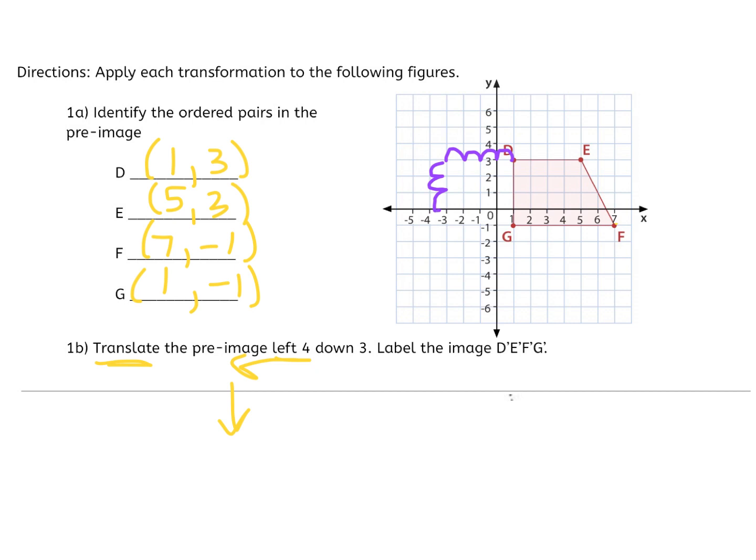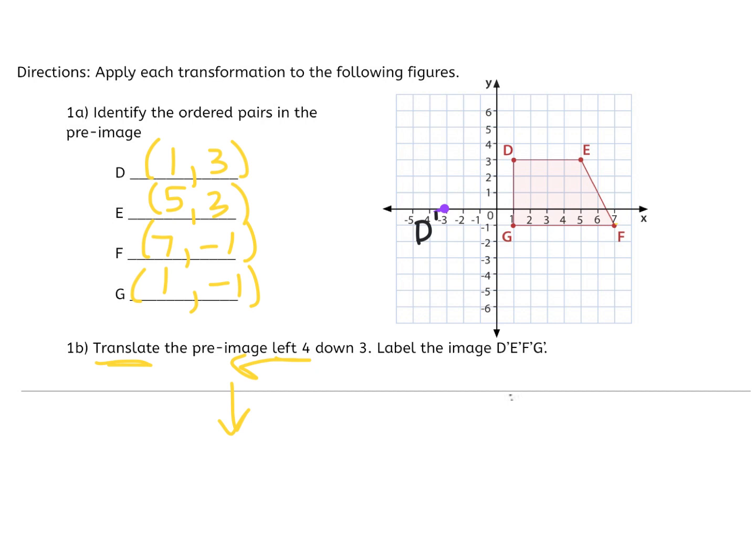And my new D will be right here. I'm going to label that D prime. Okay, and I'm going to erase my little squiggles so my page doesn't get so messy. Okay, so D prime.